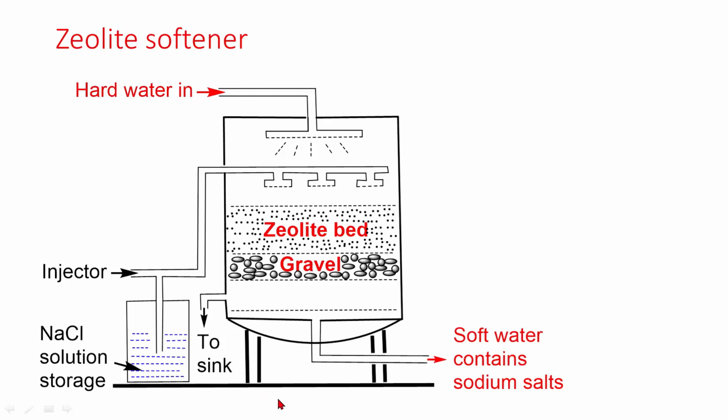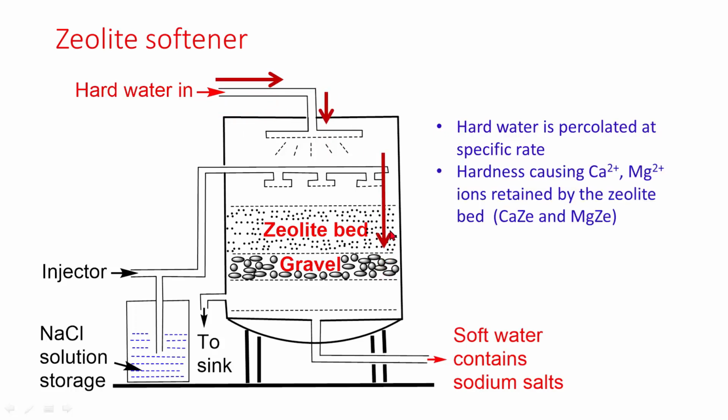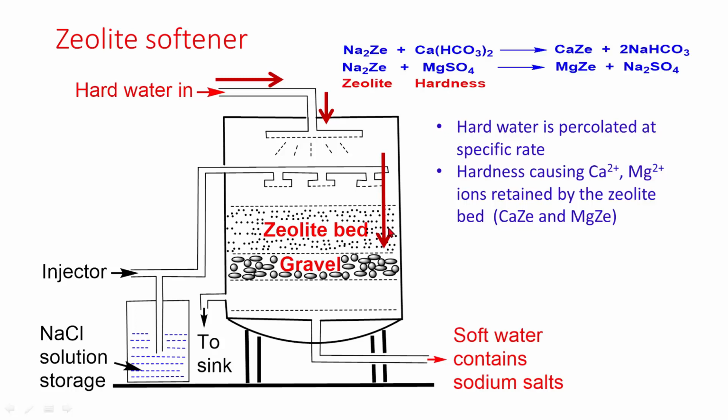This diagram is of zeolite softener. Hard water is percolated at specific rate. Hard water comes in, it passes through zeolite bed. In zeolite bed, hardness causing calcium and magnesium ions are retained by zeolite bed.